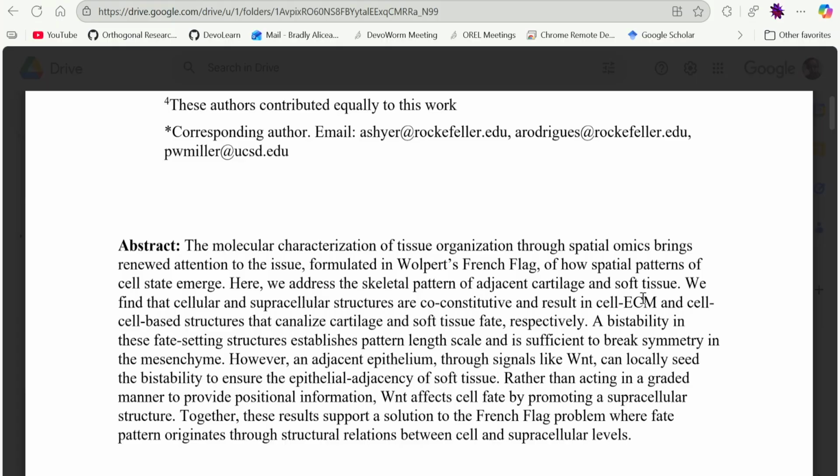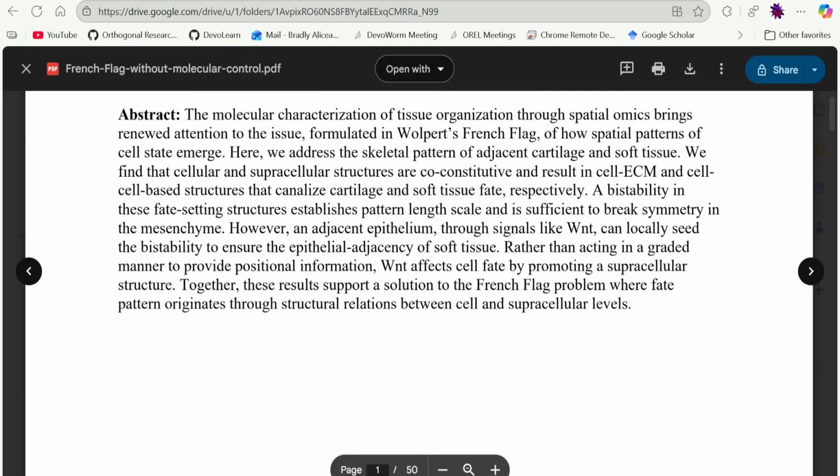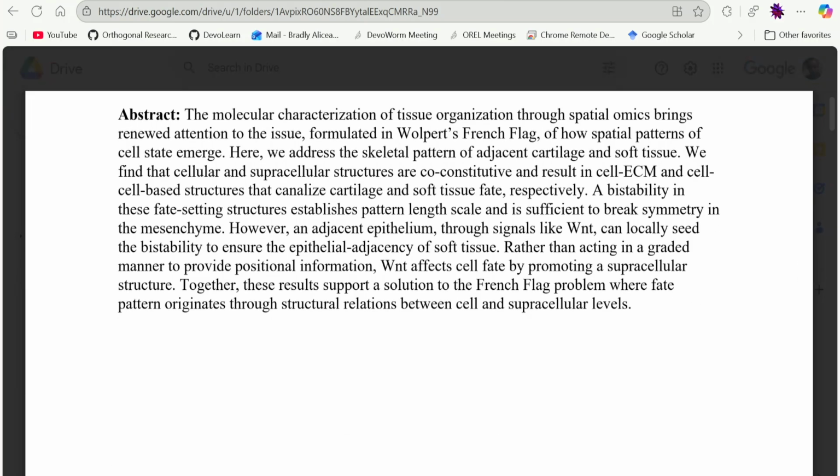So Wnt is basically creating the supracellular structure and controlling cell fate in that way. Together, these results support a solution to the French flag problem, where fate pattern originates through structural relations between cell and supracellular levels. So patterning actually is about these structural relations.